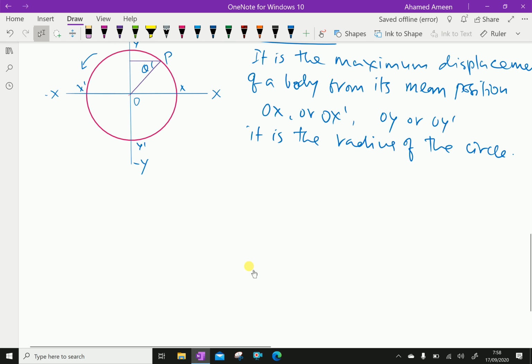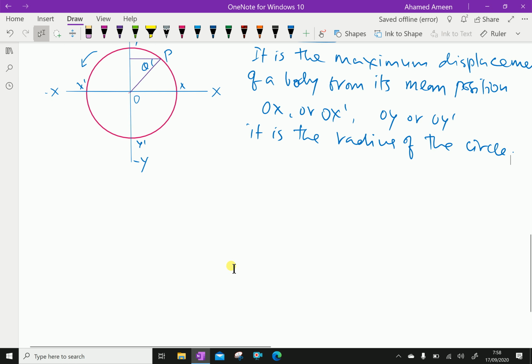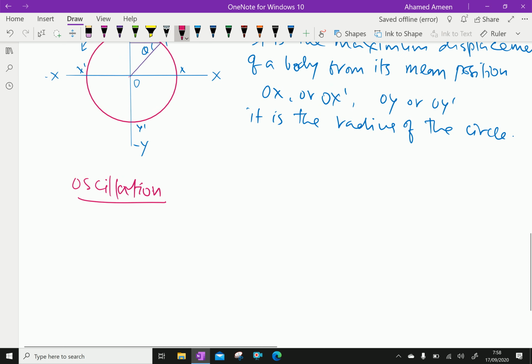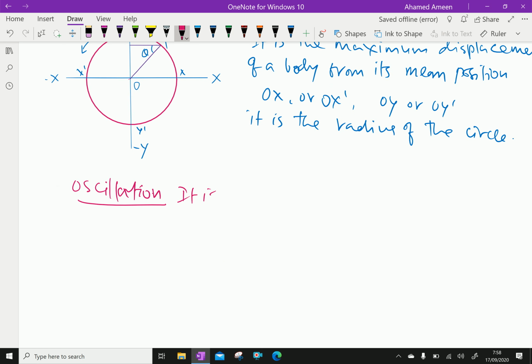Next is oscillation. It is one complete vibration of the body.